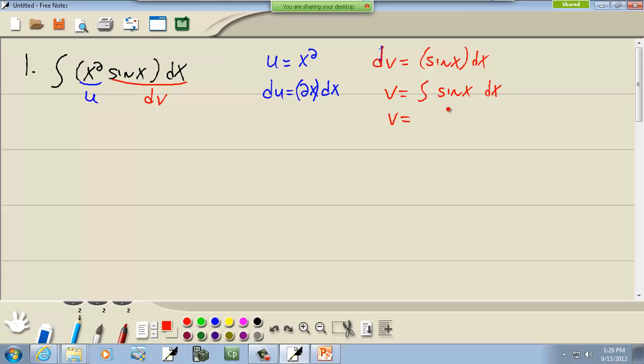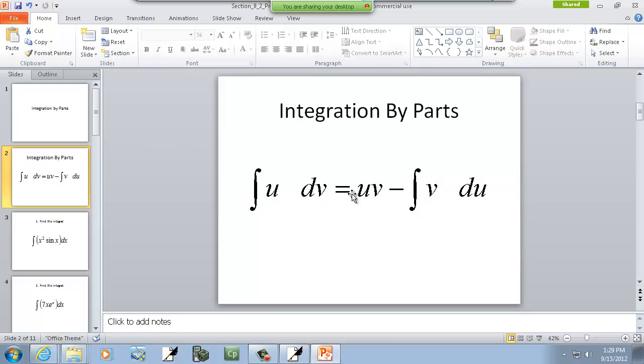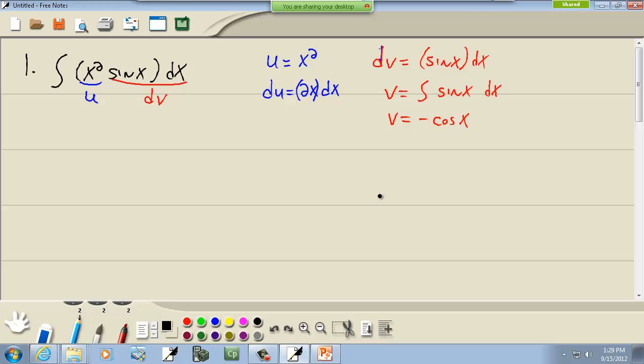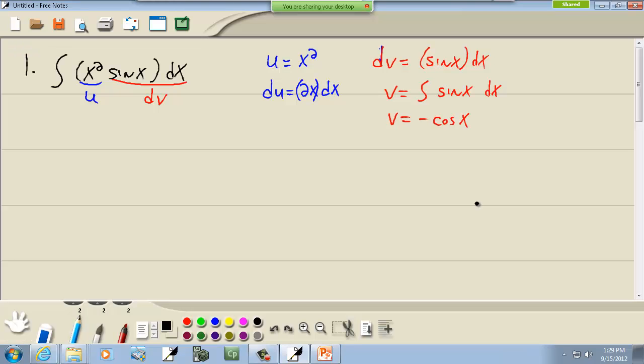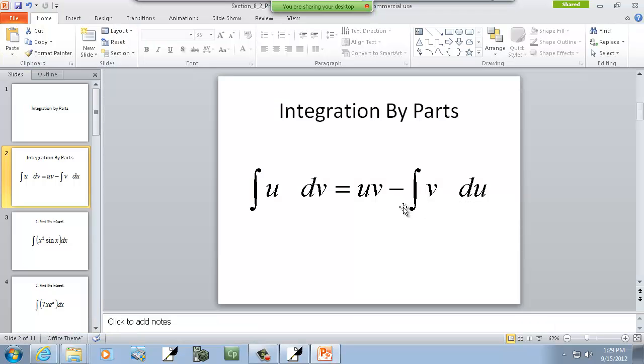Well, the integral of sine x gives us negative cosine x. And so now we have u, we have v, and we have du. So we're just going to plug it into our formula.